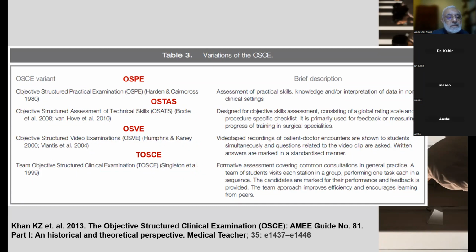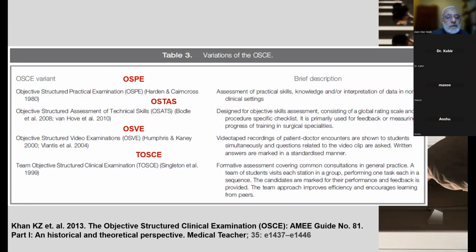Another is OSATS, the objective structured assessment of technical skills. This is basically used for surgical specialties, with a designed objective skills assessment consisting of global rating, but mainly based on procedures and surgical skills.